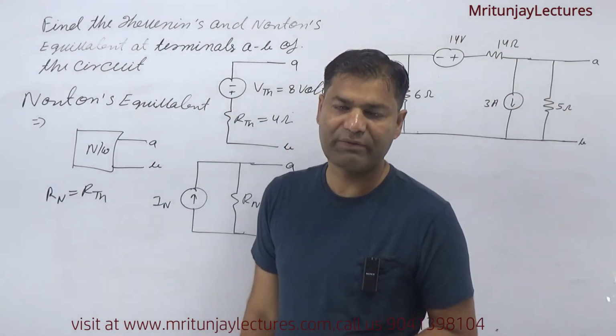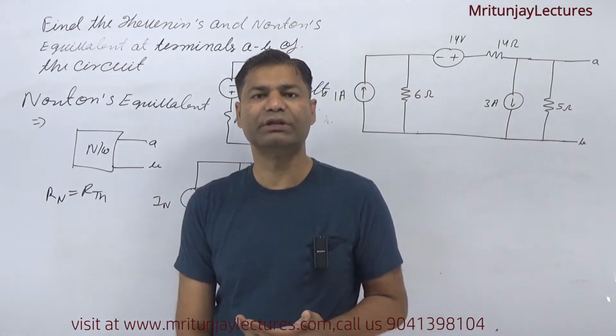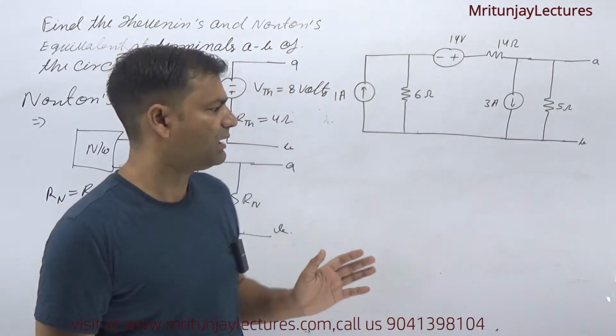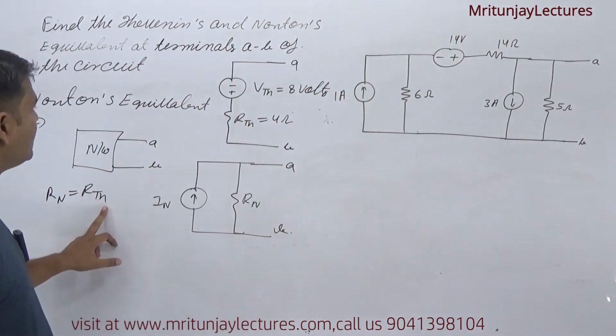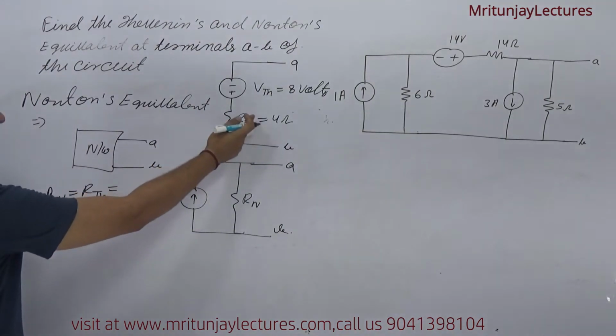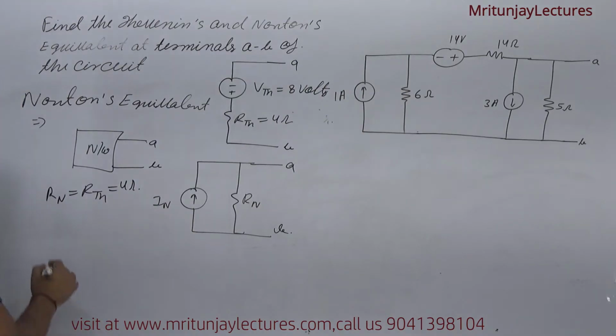Independent voltage sources are short circuited, and current sources behave as open circuited. Same procedure for RN also. So what about RN? RN is equal to RTH, so this is 4 ohm.